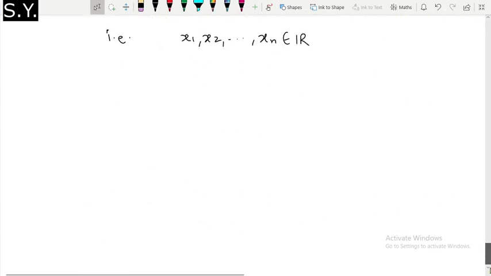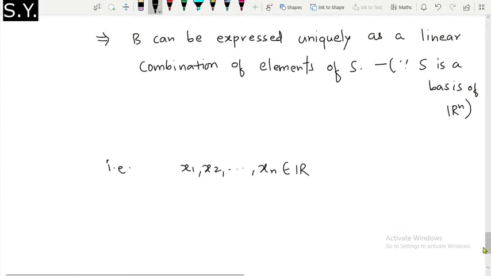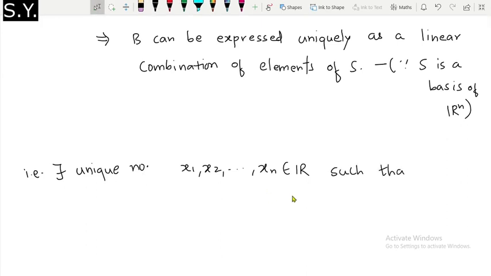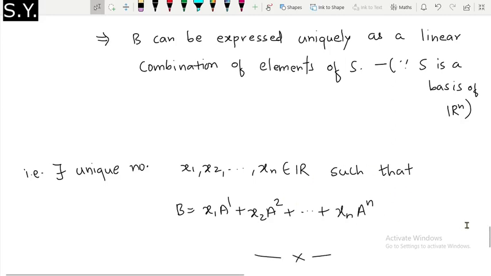There exist unique numbers x1, x2 up to xn belonging to R, such that b is equal to x1 a1 plus x2 a2 plus so on plus xn an, and that is what we wanted to prove. So we will stop here.